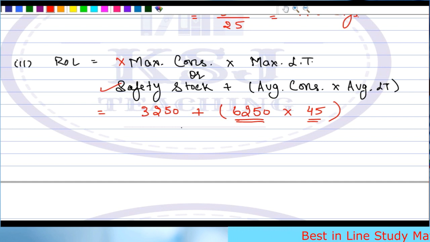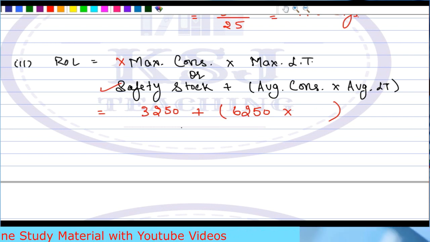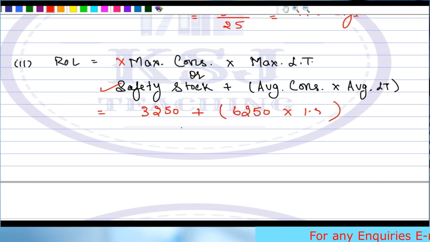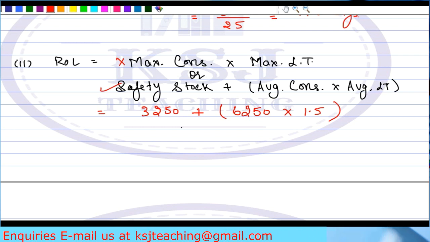Clear? So you need to be very careful while attempting the questions. These small mistakes often lead to disaster. So what is the average lead time? 45 days means 1.5 months.